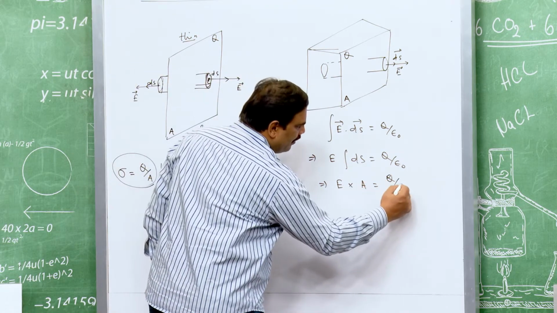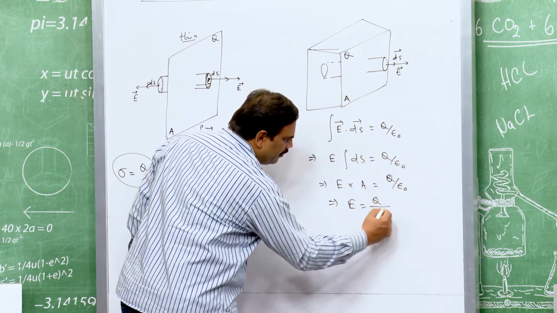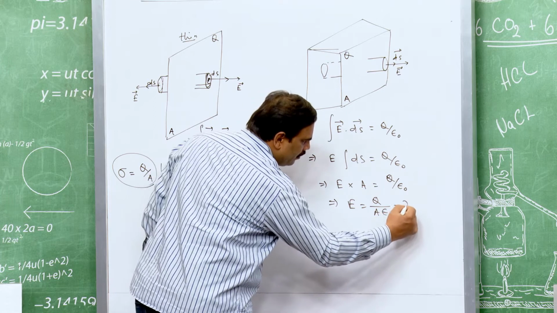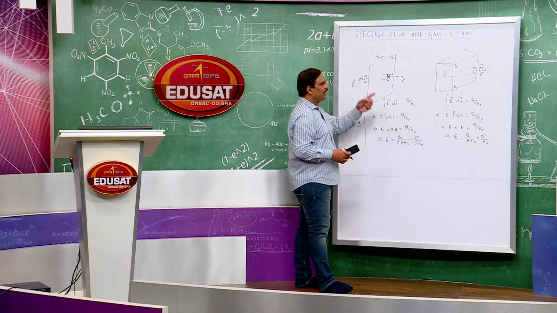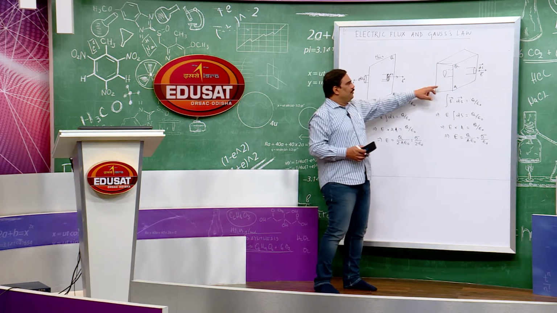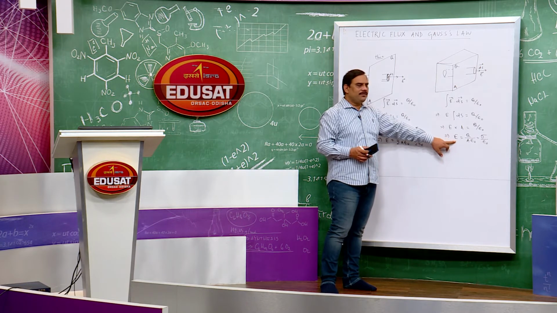So, it is q divided by epsilon 0, and we get E equal to q divided by A epsilon 0. This is sigma by epsilon 0. So, for a thick sheet of charge, we get the electric field as sigma by epsilon 0.